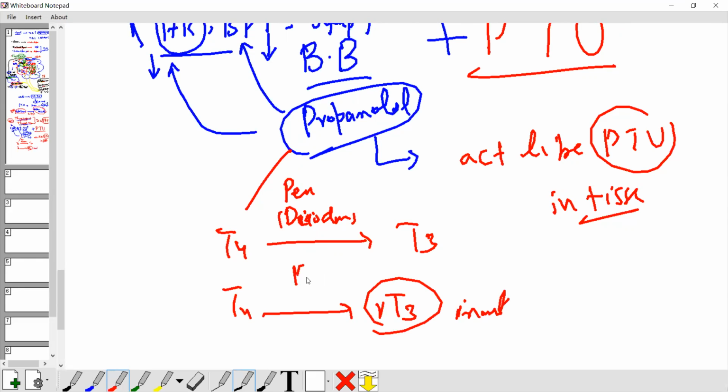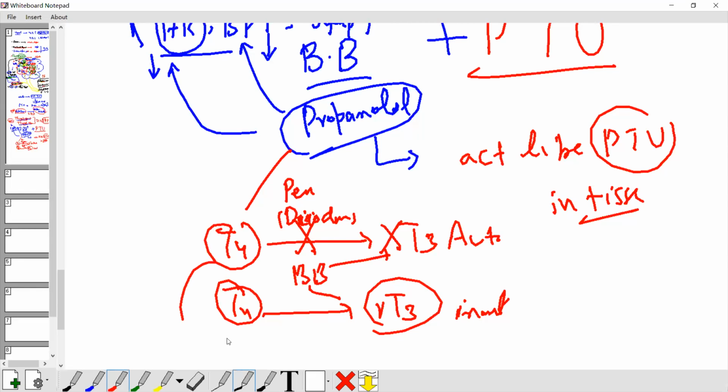The beta blocker propanolol does what? It does not allow this active form to be formed. Because we block this pathway, T4 tries to change to reverse T3, and this reverse T3 is inactive. Understand?